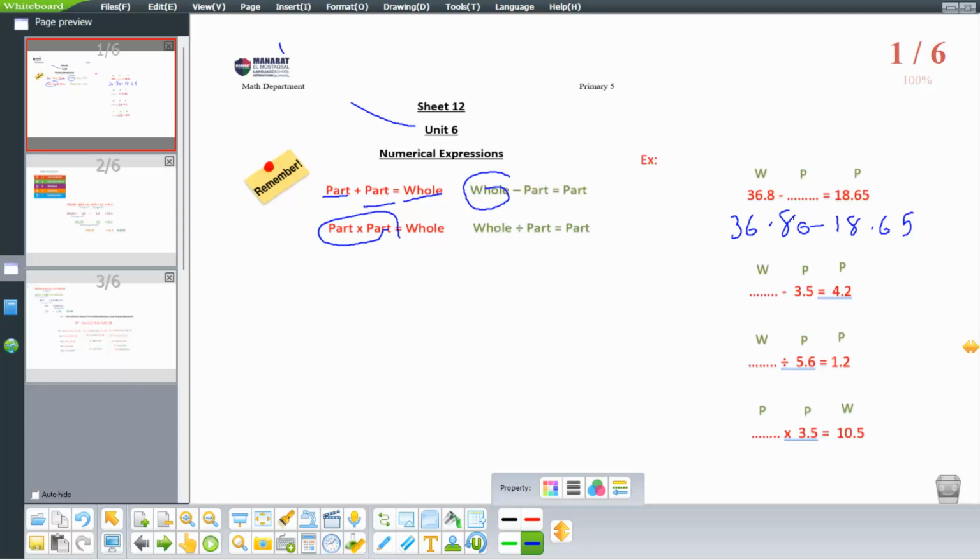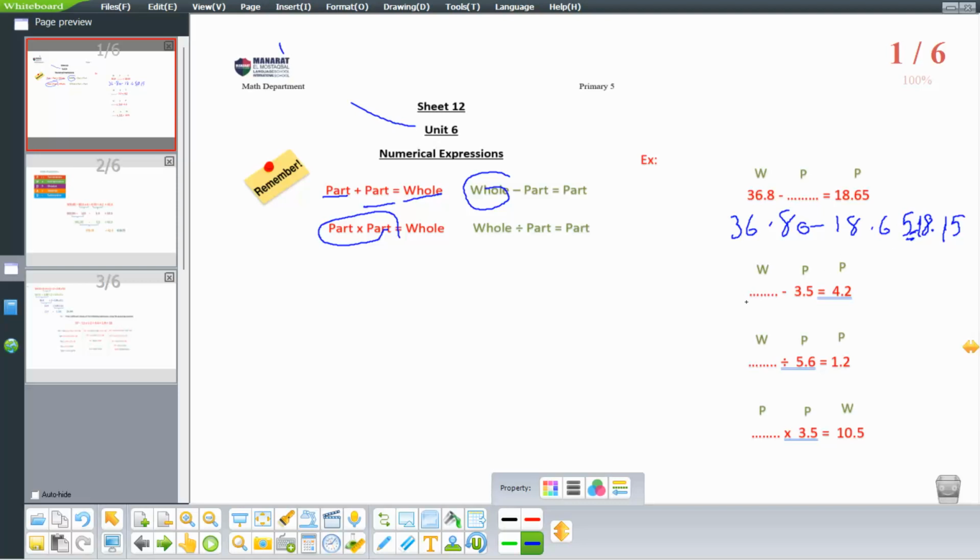We are going to borrow 1, it will be 7, and this will be 10. 10 minus 5 equal 5, 7 minus 6 equal 1, and 6 minus 8 doesn't go, so we are going to borrow, it will be 2, and this is 16 minus 8 equal 8, and don't forget to put the decimal point, so it will be 8, and 2 minus 1 equal 1.